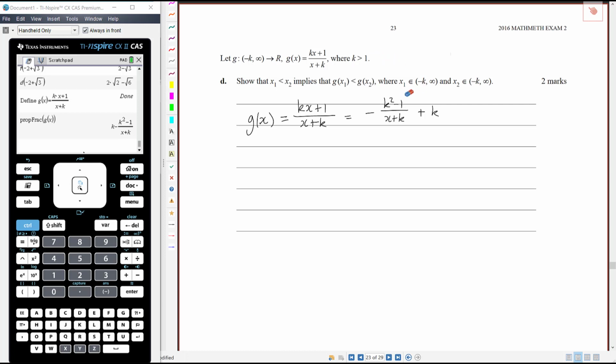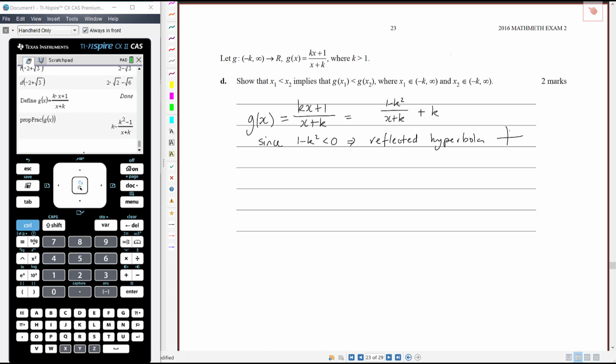Okay, and so we know that since k squared minus 1 is bigger than 0, this means that we have a reflected, well actually maybe it's easier to write this as, let's do it this way, 1 minus k squared. So since we know that 1 minus k squared is less than 0, that means that we have a reflected hyperbola.